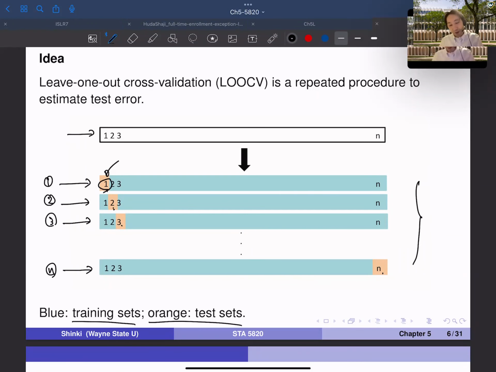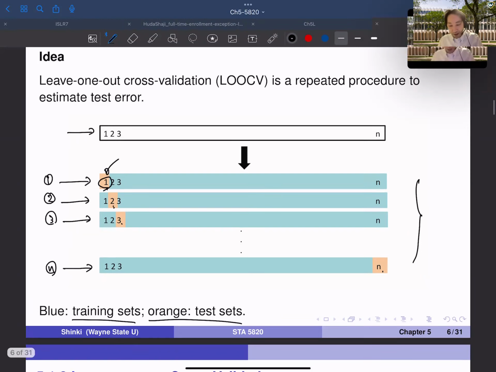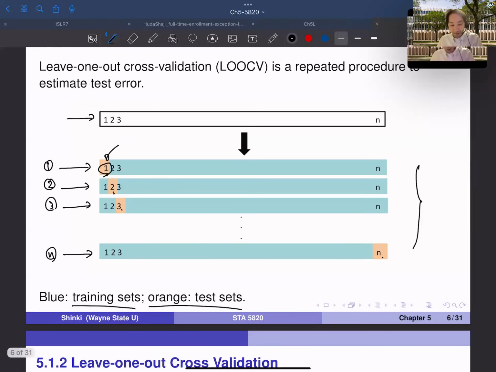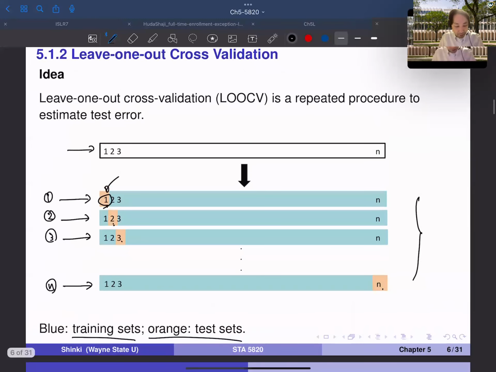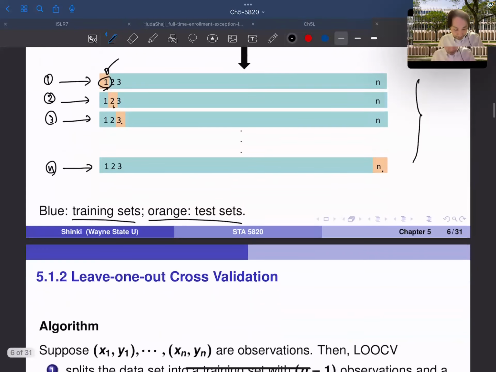But here we don't have any arbitrariness. We try all 392 models, and we don't have any randomness, so it's a very objective method. This is leave-one-out cross-validation because we only leave one observation out as the test set.